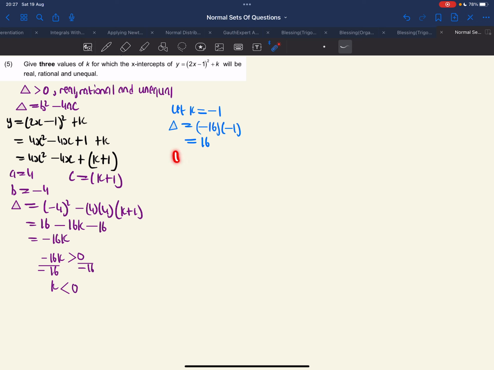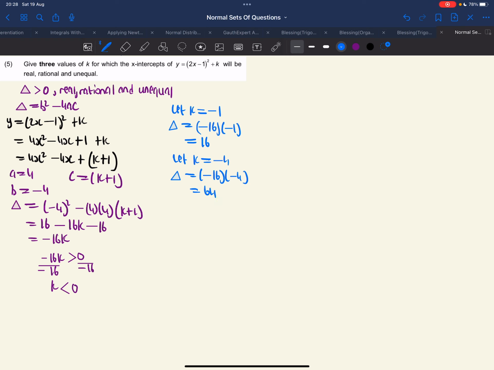When you let k equal -4, your discriminant is -16 times -4, which gives 64.